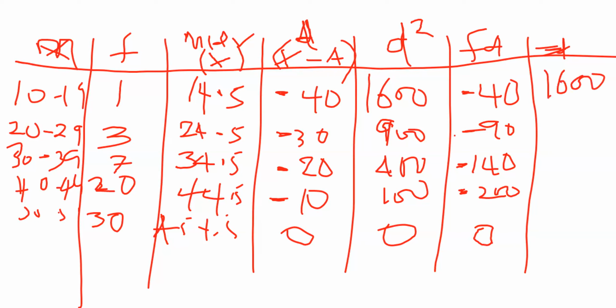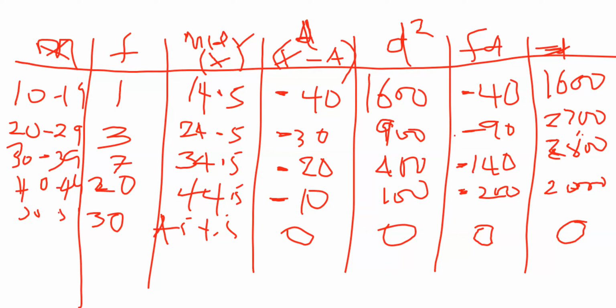The last column is FD raised to power 2.